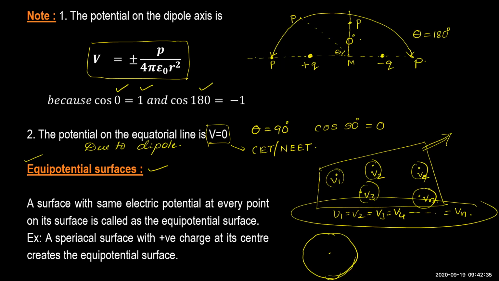Okay, surface of the sphere. Suppose charge is placed at Q, and if we want to know what is the potential at different points on its surface, say at A, B, C, D, E, F, like that, as the radius is the same and as the magnitude of the charge is also the same, hence the potential will be equal on the surface of a sphere, and hence the surface of the sphere is considered as the equipotential surface.